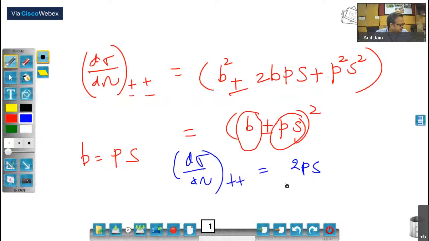And for the process minus minus, d sigma over d omega is 0. So this provides me a way to produce a polarized neutron beam.